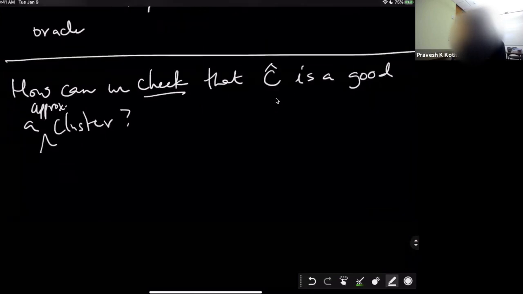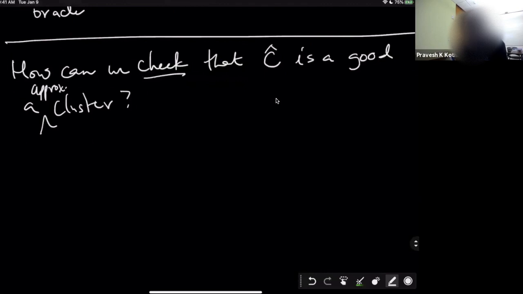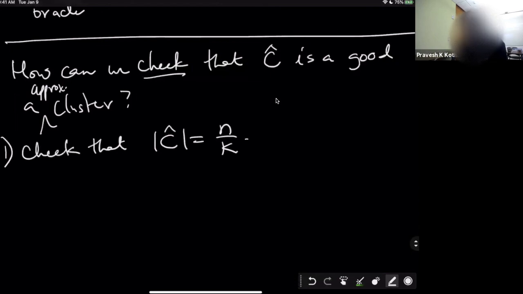Good. So let's see what we can check. Of course we can check that C hat is of size n over k. We know that's a property that's satisfied by all true clusters, so checking that will not violate completeness. That's reasonable. But now we want some property that really truly distinguishes fake clusters from true clusters.